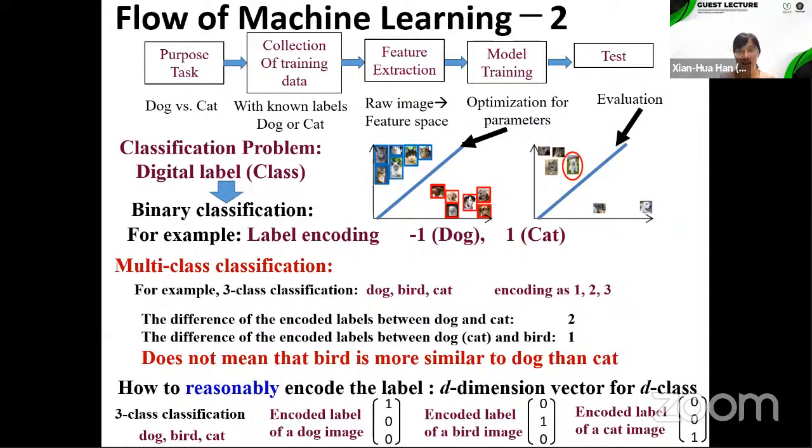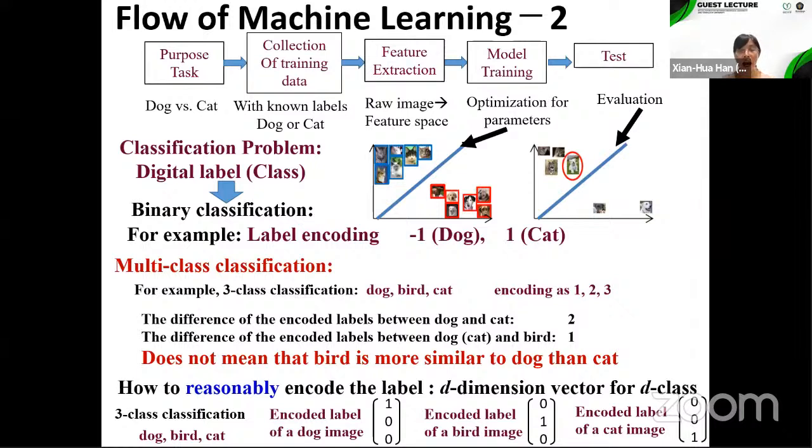Each element represents the probability of one class, such as the encoded label for a dog image, 1, 0, 0.